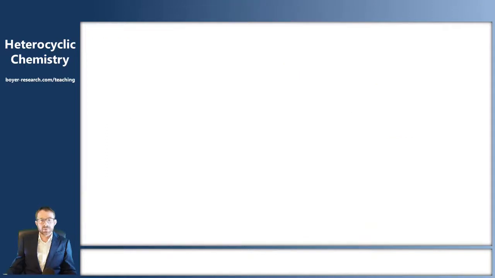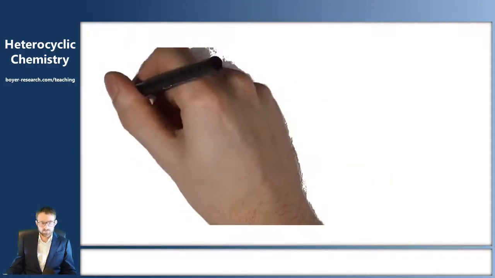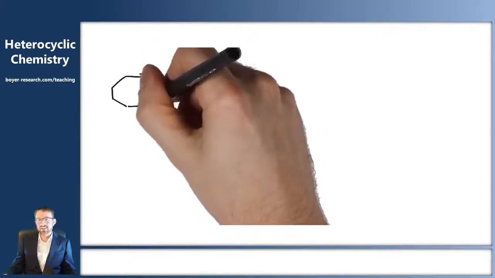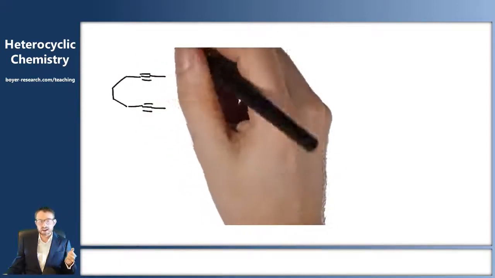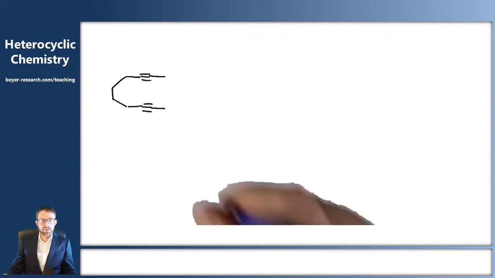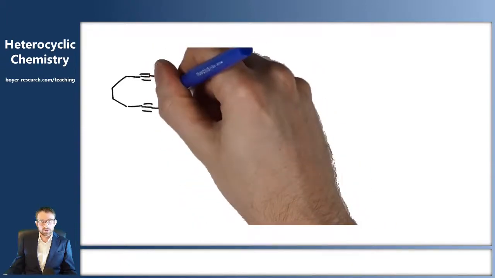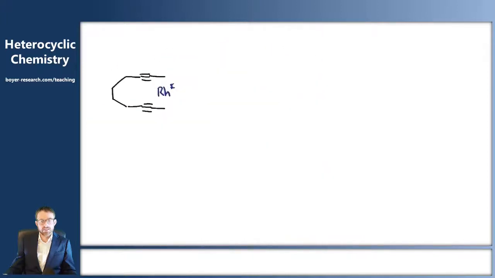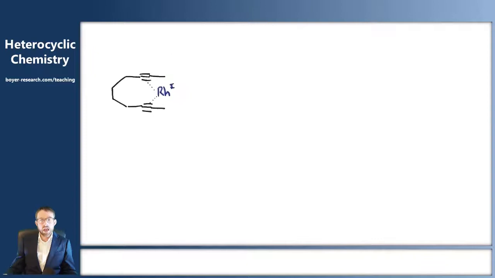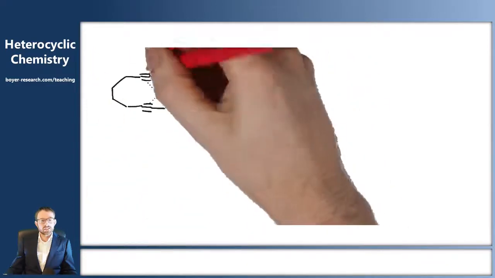If we look at this a little bit more slowly, the key interaction here is the pi bonds of our 2 alkynes, which are very good ligands to a rhodium(I) catalyst. So a rhodium(I) catalyst sits between the pi systems and undergoes oxidative insertion.